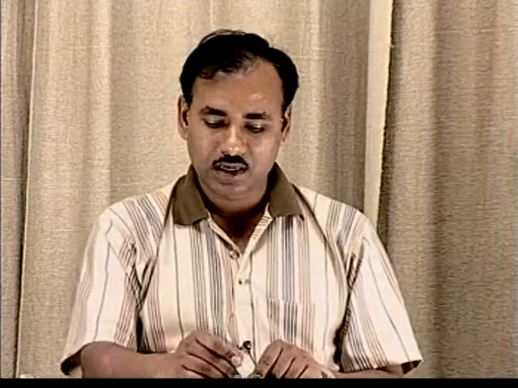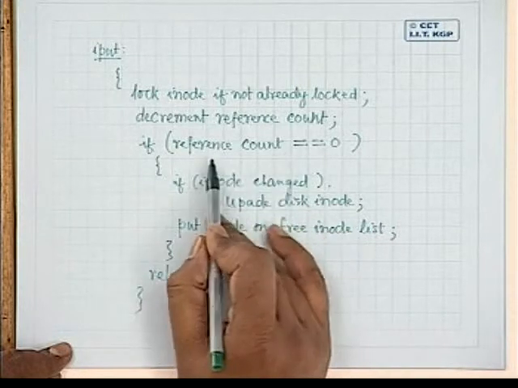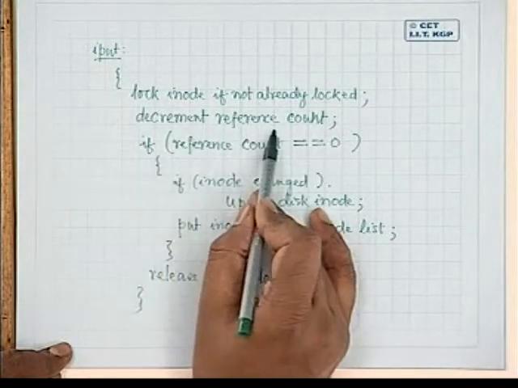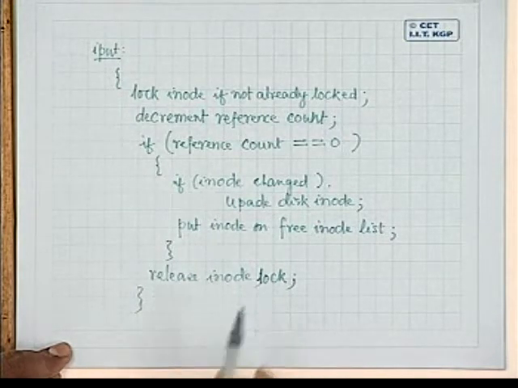While closing the file, it tries to release the inode. The inode can be placed onto the free list only when the reference count is equal to 0. If the reference count is not equal to 0, the reference count is only decremented, and after that the inode will be unlocked.